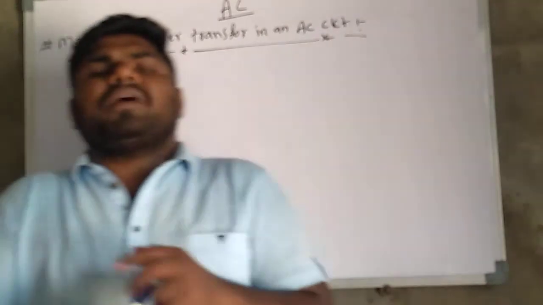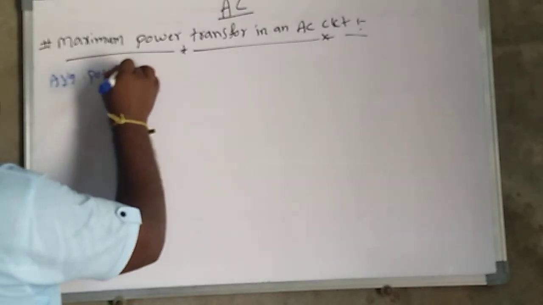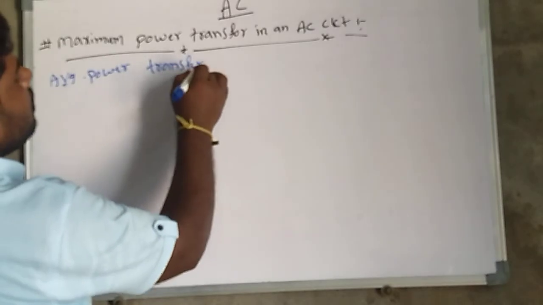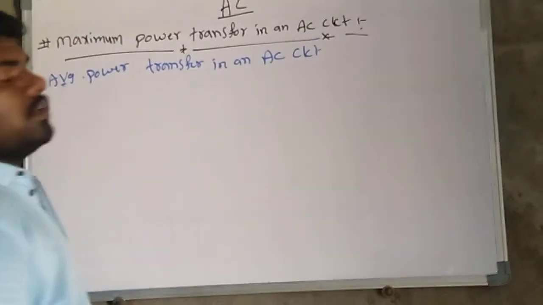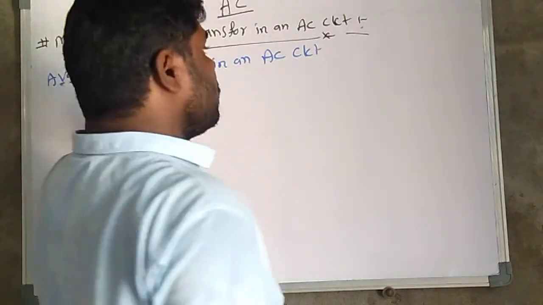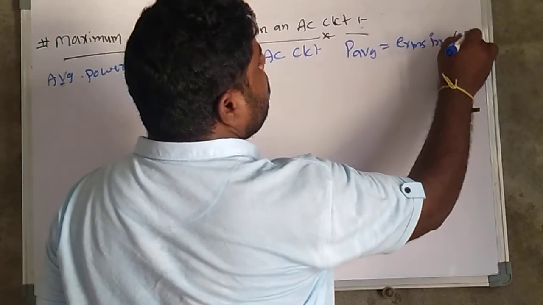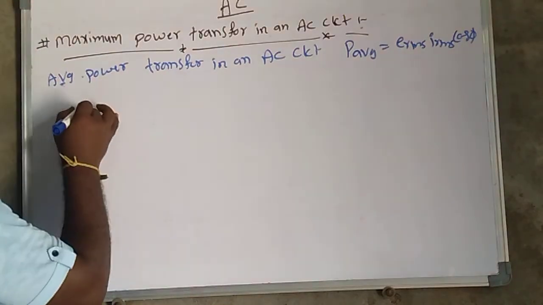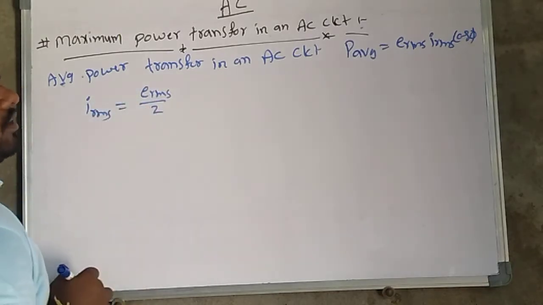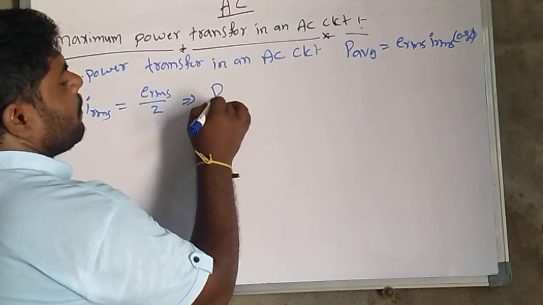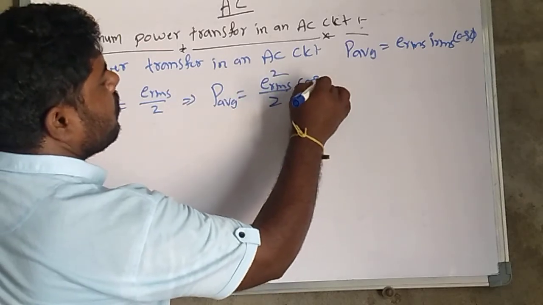The average power transferred in an AC circuit is P average equals ERMS into IRMS into cos phi. The RMS current is ERMS divided by impedance, so substituting this value, P average equals ERMS squared divided by impedance into cos phi.